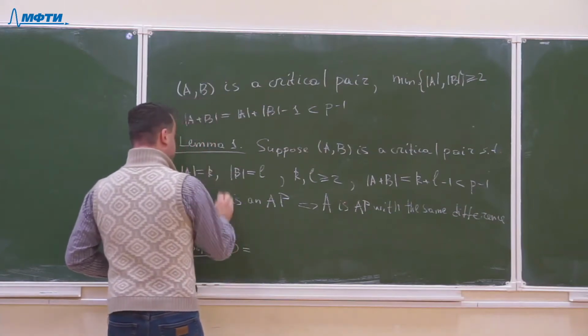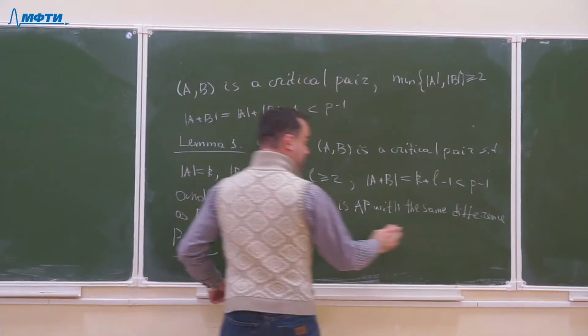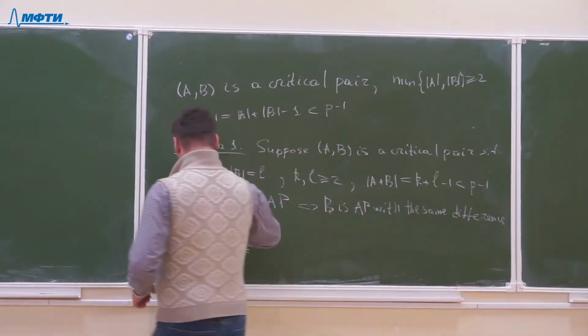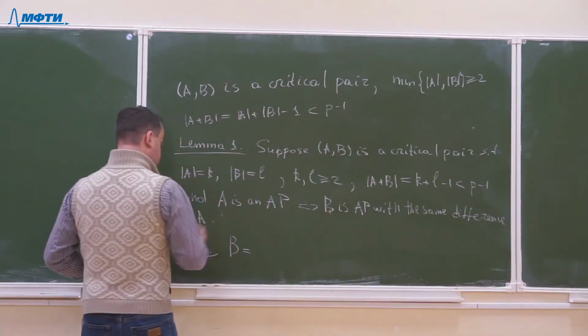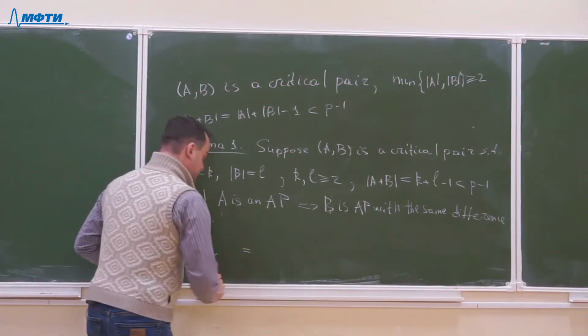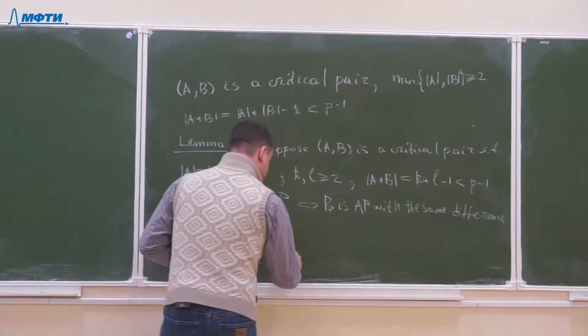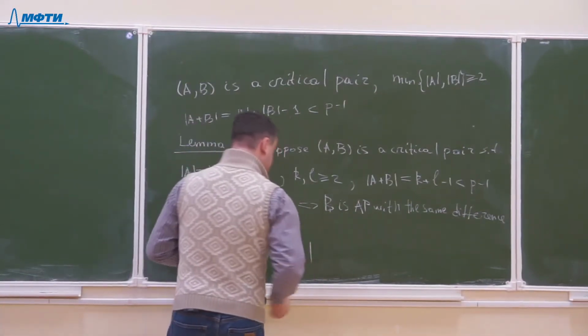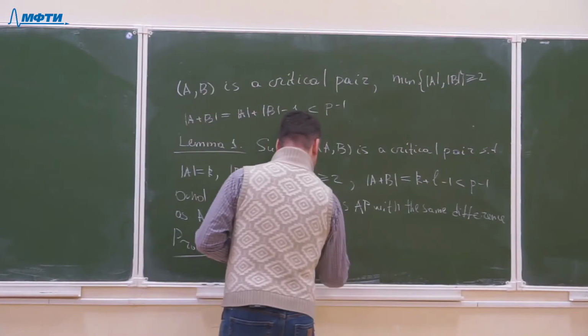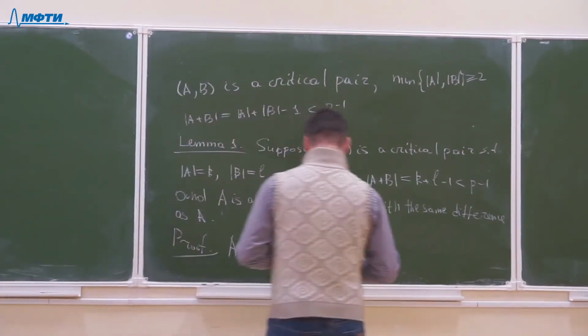Let's suppose A is an arithmetic progression; then B is an arithmetic progression with the same difference as A. Well, A is an arithmetic progression, so A is A0 plus i times d, where i goes from 0 till k minus 1.